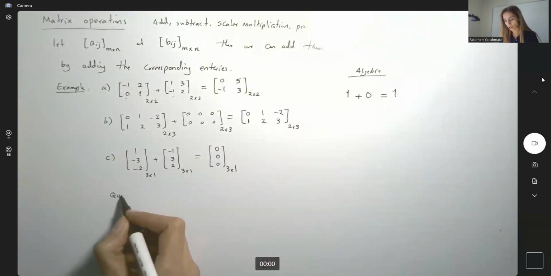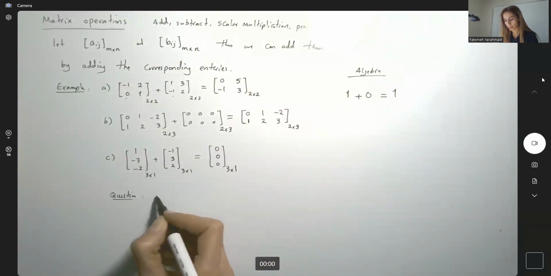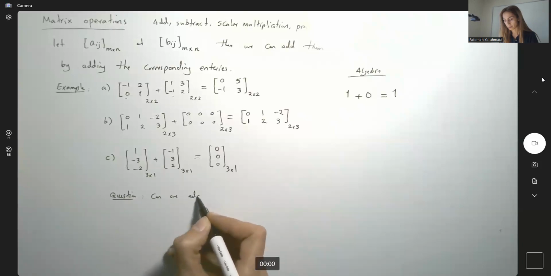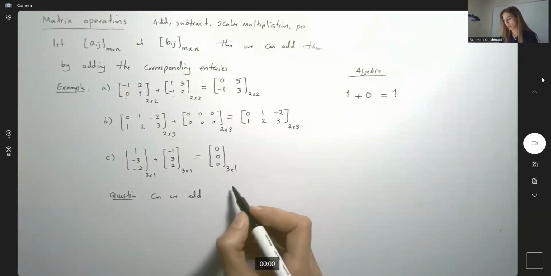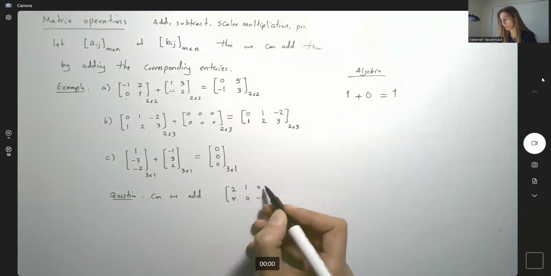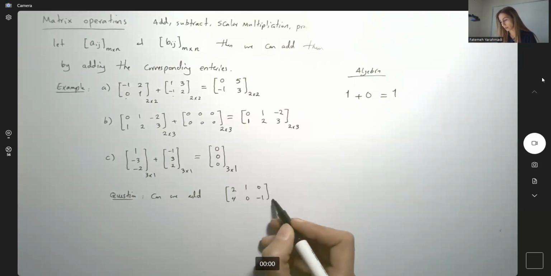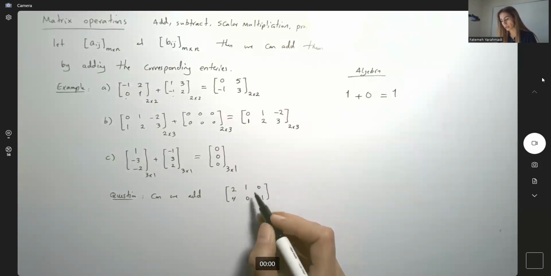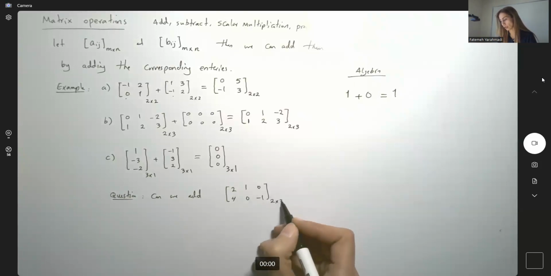Now here's a question. Can we add the following matrices? Here we have the matrix 2, 4, 1, 0, 0, negative 1. As you can see, it's a 2-row, 3-column matrix, 2 by 3.